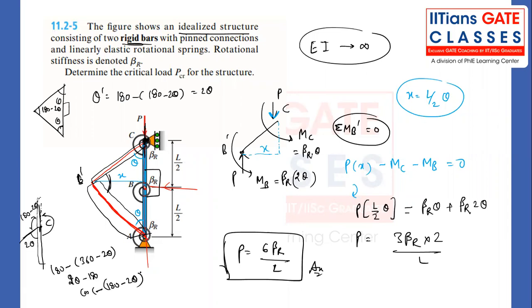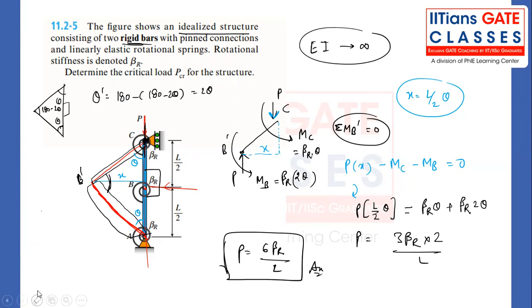Cos of 180 minus 2 theta gives cos 2 theta only. So the final angle is 2 theta. Or instead of doing this step directly, you can remember one thing.